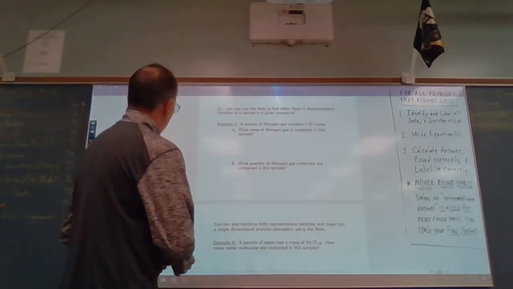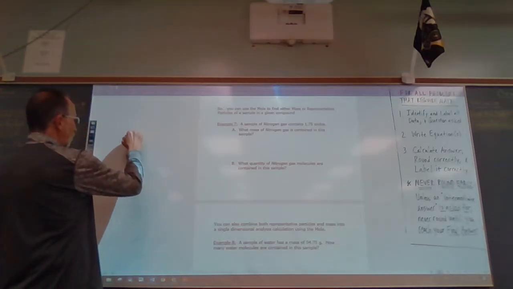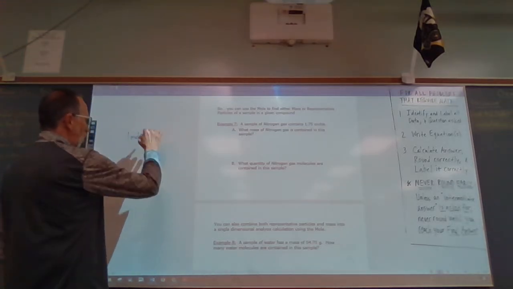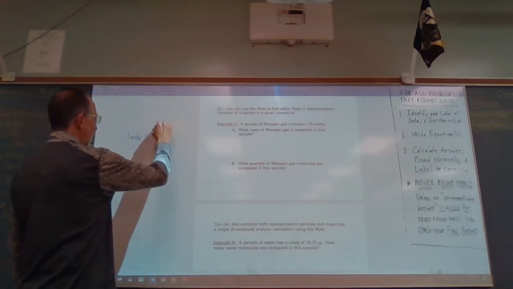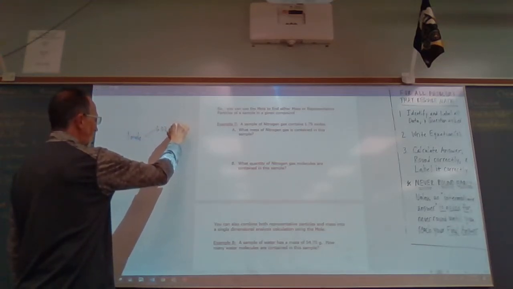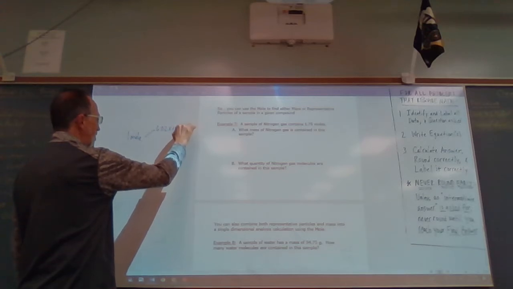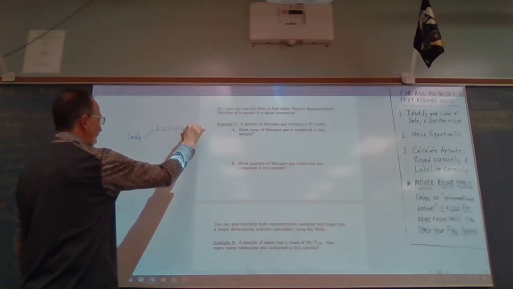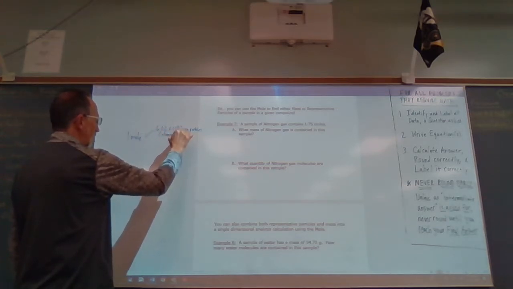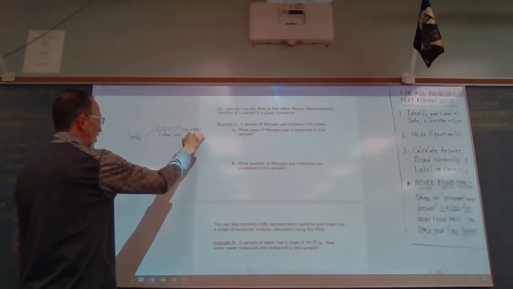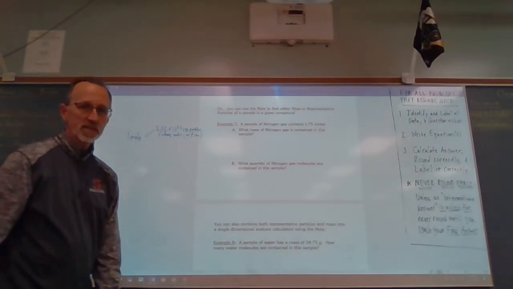We know now that 1 mole is equivalent to 6.02 times 10 to the 23rd representative particles, which could be atoms, molecules, or formula units, depending on what type of substance it is.